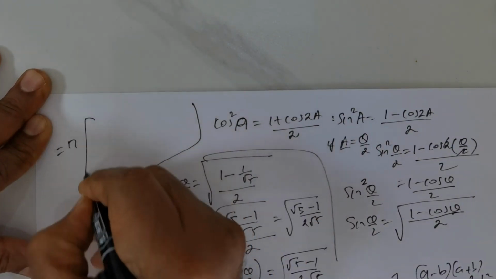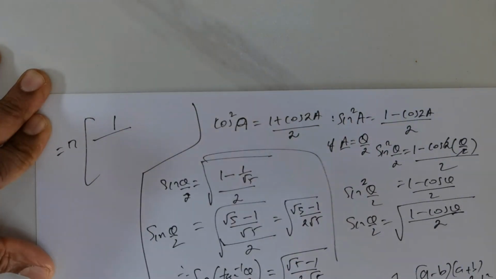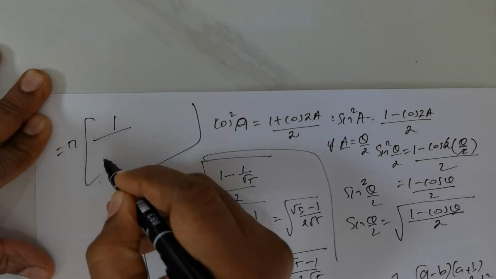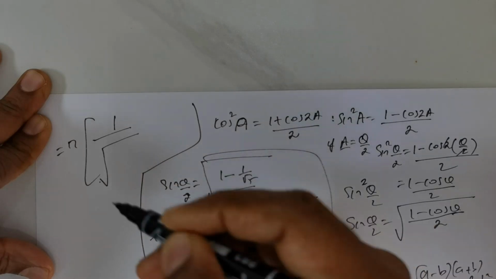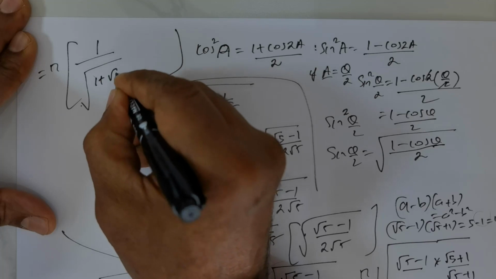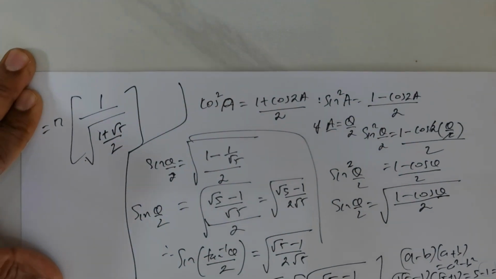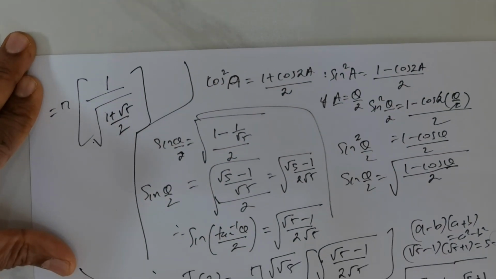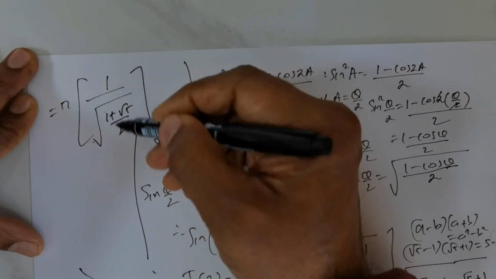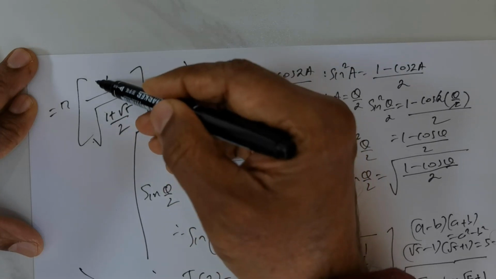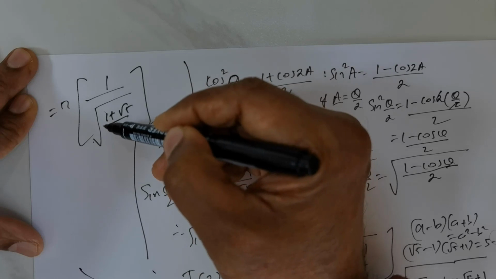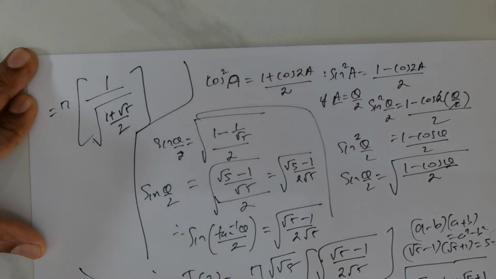This is equal to pi times of 1 over root of, can I write it like this, (1 + root 5) over 2? Can I write it like this? Yes or no? Because if I were to flip it, I would actually get the 2 in the numerator and the root of (1 + root 5) in the denominator, right?